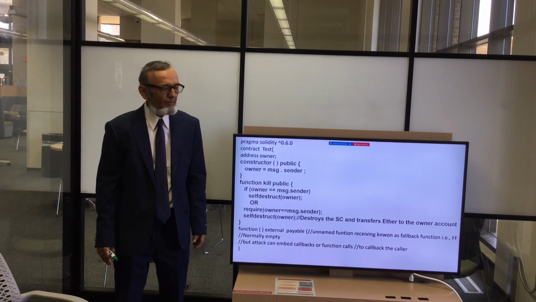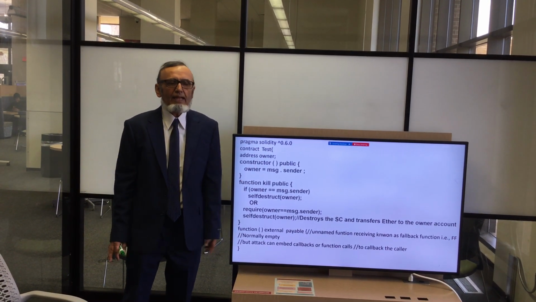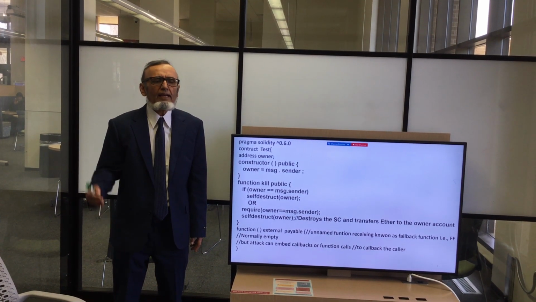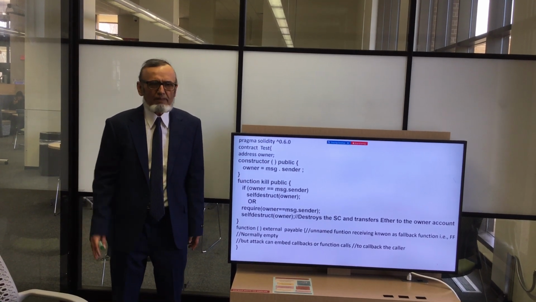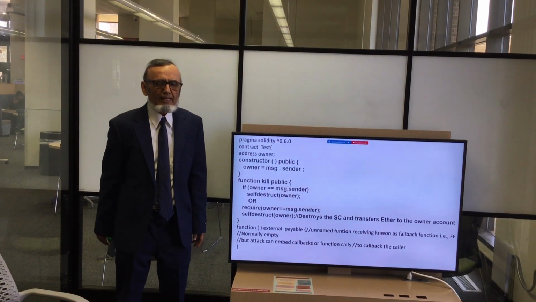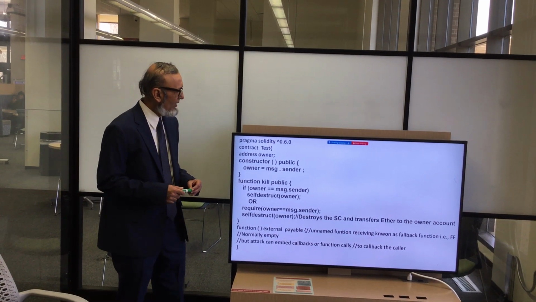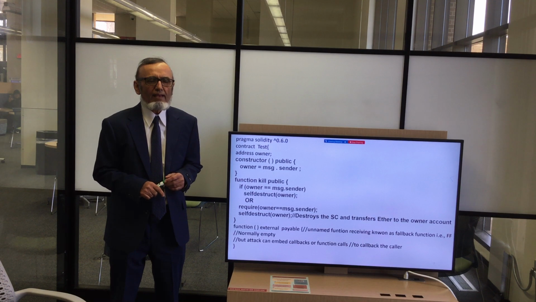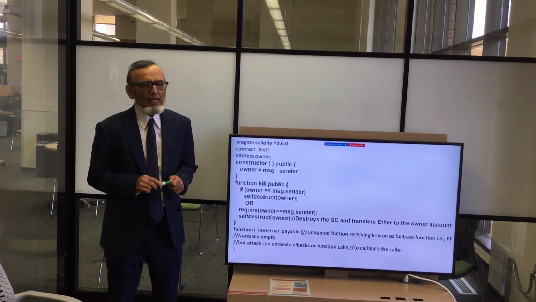And we have a kill function, and kill is used to destroy the smart contract. Why do we need to destroy the smart contract in the first place? We do not do this in traditional programs, but why are we doing it in smart contracts? Because smart contracts deal with cryptocurrencies, and they can have vulnerabilities, and attackers can take advantage of these vulnerabilities.